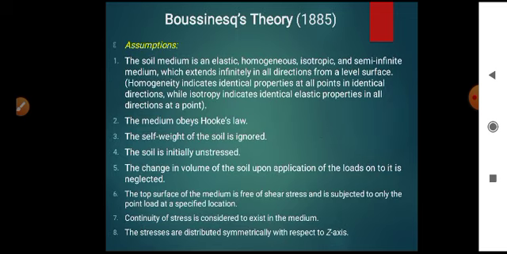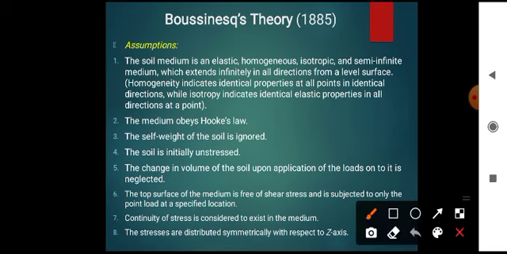Now, let us try to understand Boussinesq theory. The researcher Boussinesq, in 1885, proposed a theory relevant to stress distribution in soil. The assumptions of this theory are: first, the soil medium is an elastic, homogeneous, isotropic, and semi-infinite medium. Semi-infinite means it extends infinitely in all directions from a level surface.